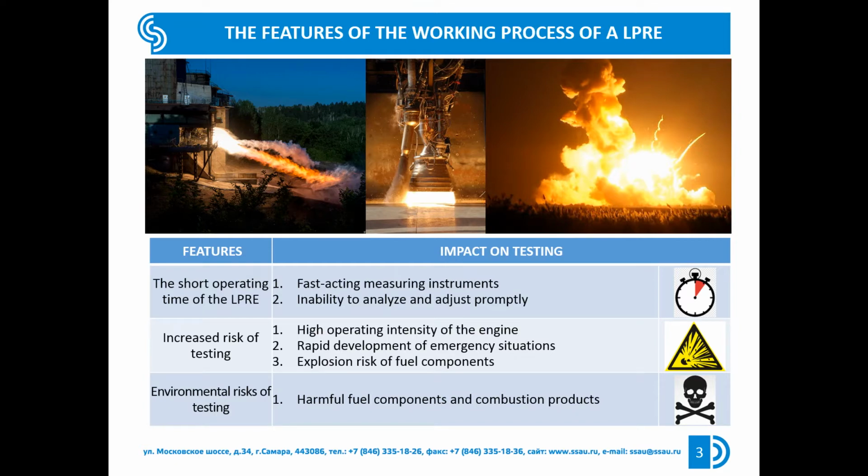This requirement is not always met, and for a single parameter, sometimes two measuring instruments are used to measure rapidly and slowly changing variables. High testing and environmental risks. The reason for this is the use of highly reactive fuels and oxidizers, such as liquid oxygen, fluorine, and nitric acid components.